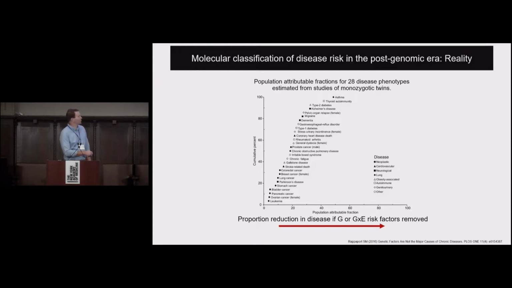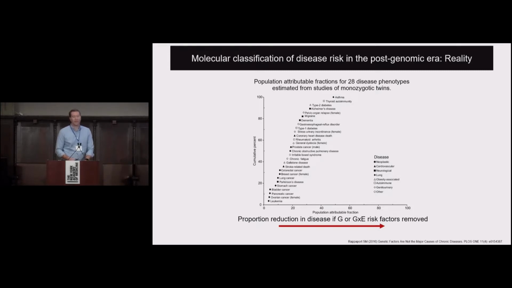In this case, since he was looking at monozygotic twin studies, he was trying to account for what the population attributable fraction is of these common diseases if gene or gene-by-environment risk factors are considered. And what he found was that for most of these, the proportional reduction in the disease, if you're considering genetics, is only about 20 to 30% at the most.